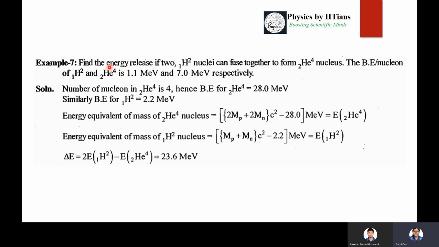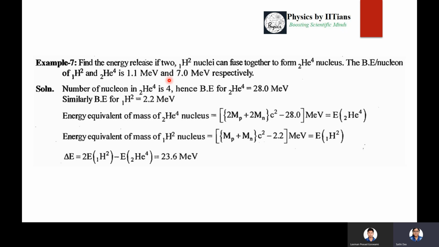And also find the energy released if two hydrogen nuclei fuse together to form helium-4 nuclei. How do you find it? So this is nuclear fusion. There are 2 hydrogen nuclei, they fuse together and form 1 helium, that is 2He4. The binding energy per nucleon of 1H2 and 2He4 is 1.1 MeV and 7.0 MeV.